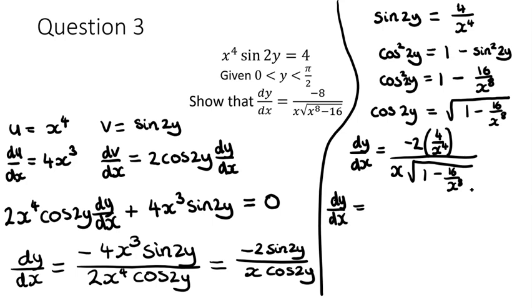So minus 2 times 4 is minus 8. And I can divide by that x to the power of 4. So I've just got x to the power of 5 now on my denominator. So we've got the minus 8 on top. Brilliant. Not quite got, though, the denominator correct. So let's look at how we can deal with that. Probably going to have to do a couple more steps.